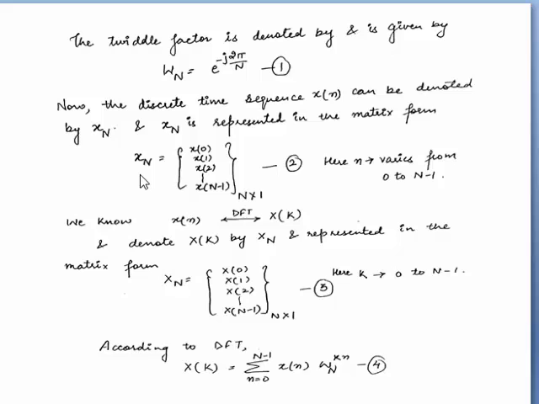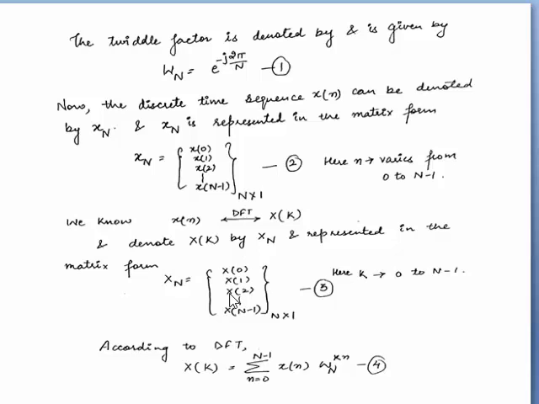Small x is the input sequence and capital X base N is the DFT of x of n. It becomes capital X base N is equal to X of 0, X of 1, X of 2 and so on up to X of N minus 1. Again this is an N cross 1 matrix. The range of k is 0 to N minus 1. Again N rows, 1 column.